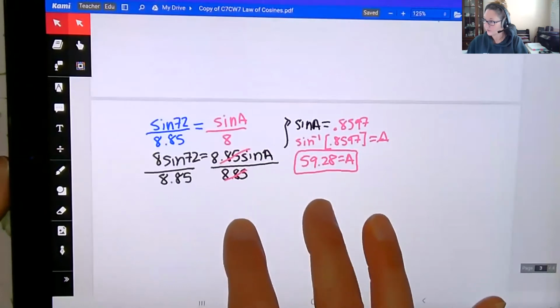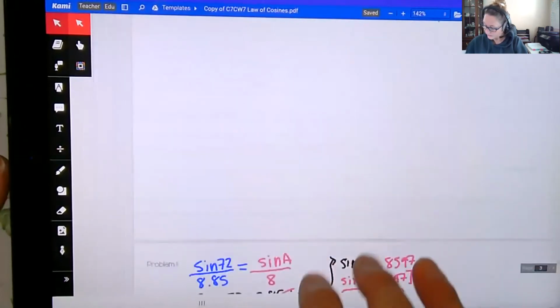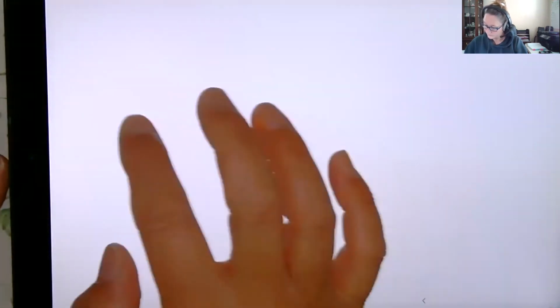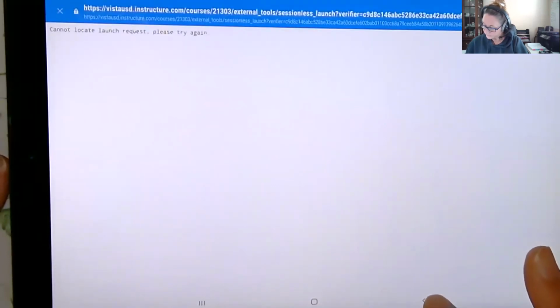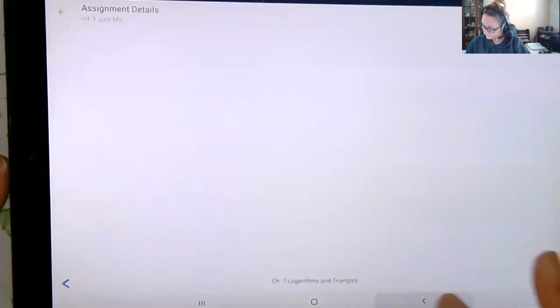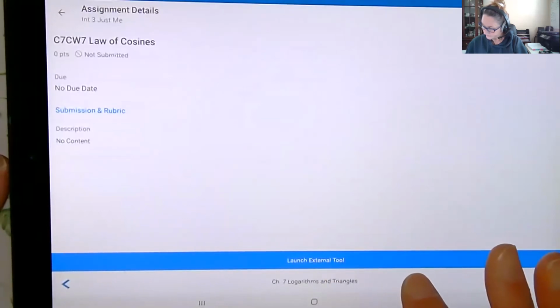So this is on my second page, or actually my third page. Sorry for the delay.